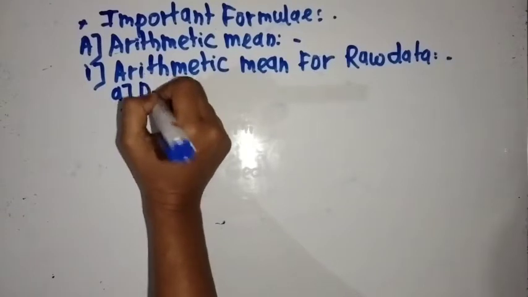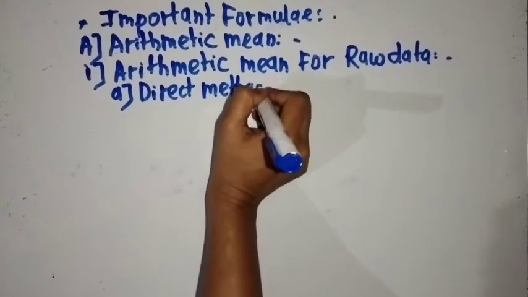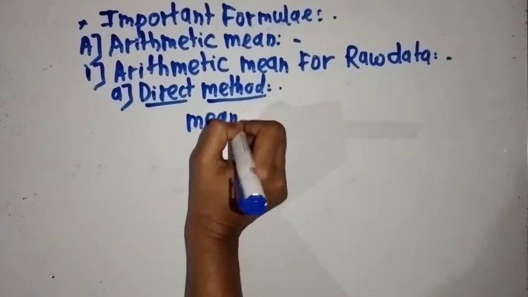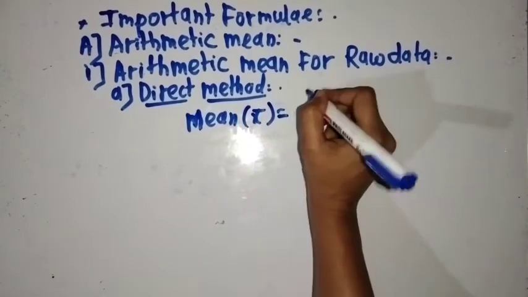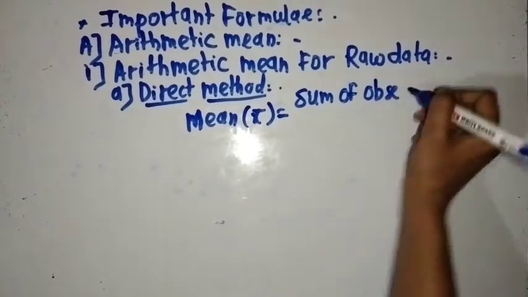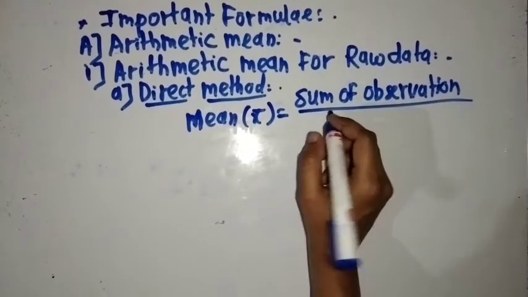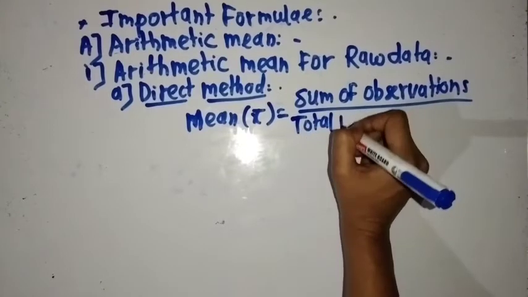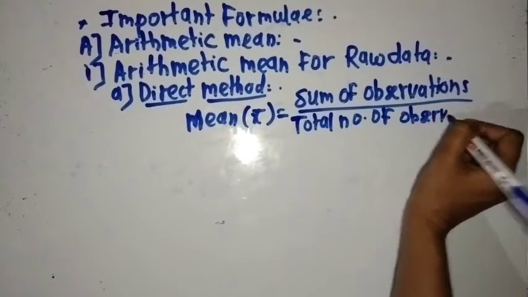First method is direct method. So mean x bar is equal to sum of observations upon total number of observations.